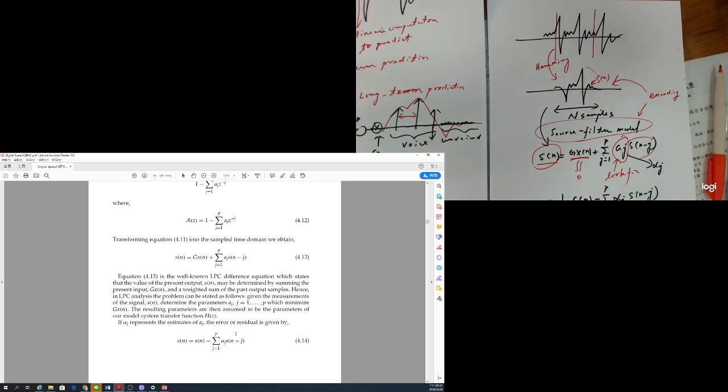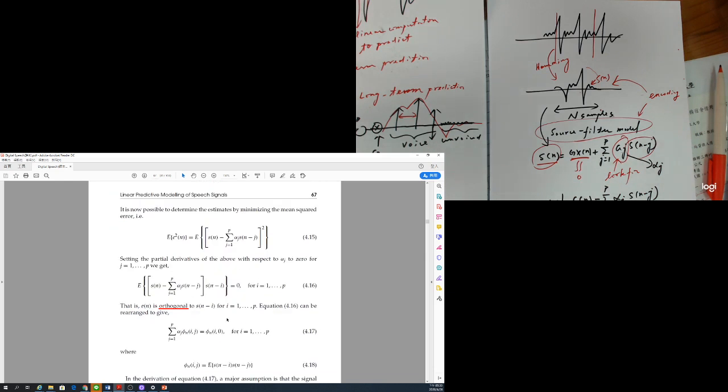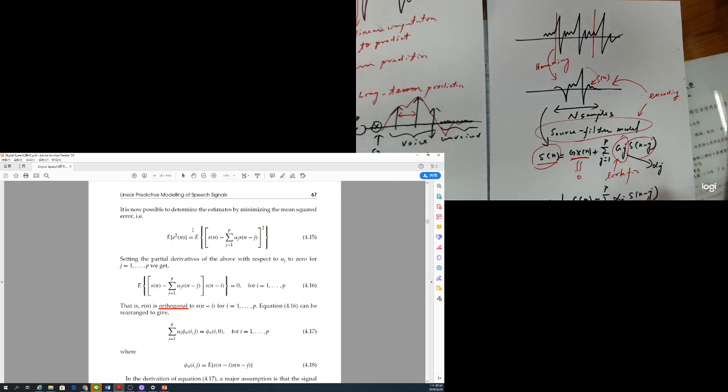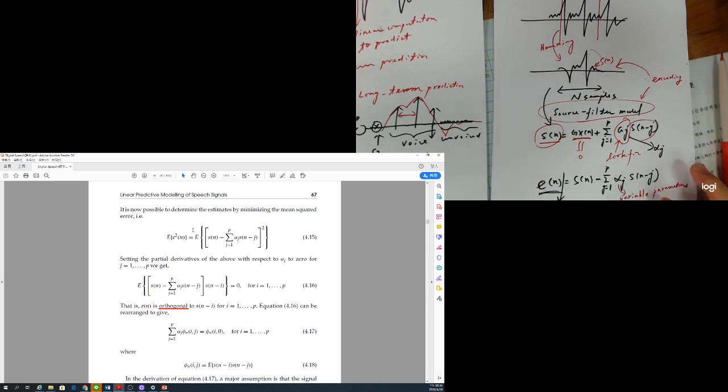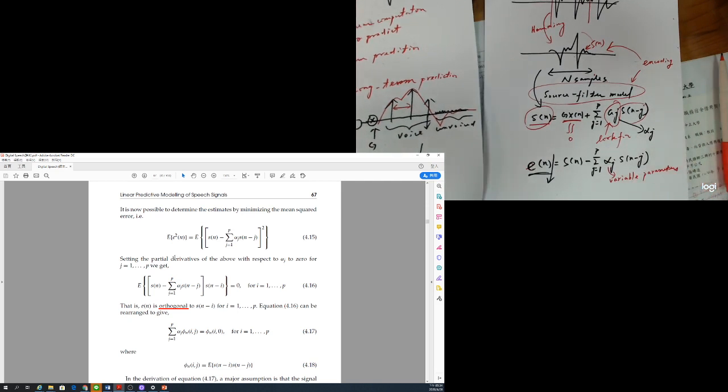Because we don't know which error is bigger, most of the time we use the square. So you can see they are using the square. This is our variable parameter, because we try to minimize this error function.